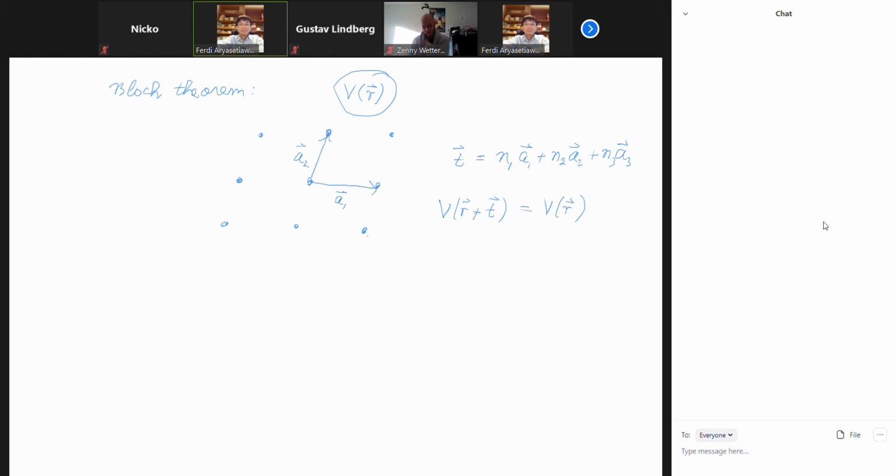These are for all possible integers, including negative and positive integers. So this bunch of lattice vectors, T, will then generate the lattice points.